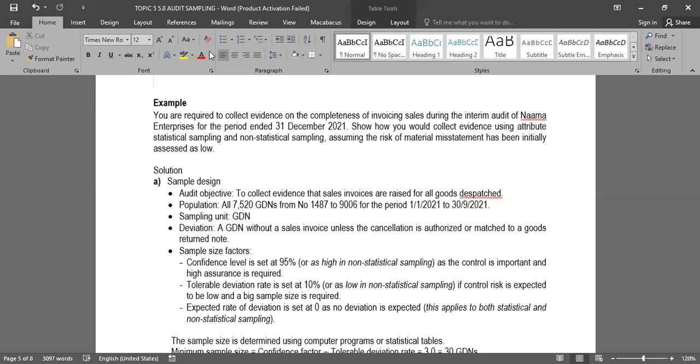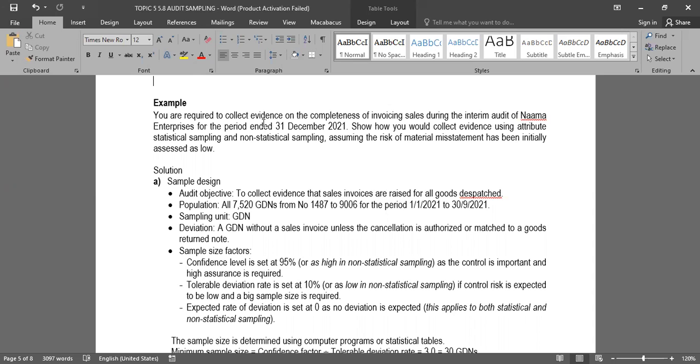Okay, so having said that, as auditors, we usually pick a few items, not necessarily a few, but some items out of the population to represent the entire population. So the procedure is that we do what we call sample design, size and selection.